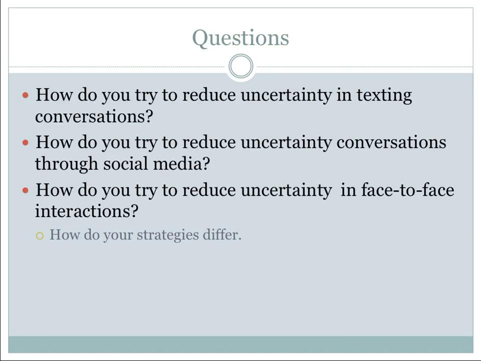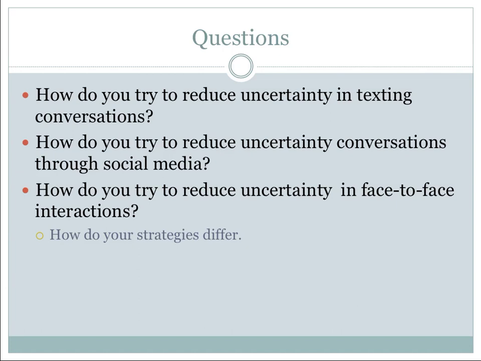All right, so some questions to think about related to uncertainty reduction theory. First, how do you try to reduce uncertainty in texting conversations? It's a very interesting question related to media technology. Second, how do you try to reduce uncertainty in conversations through social media?